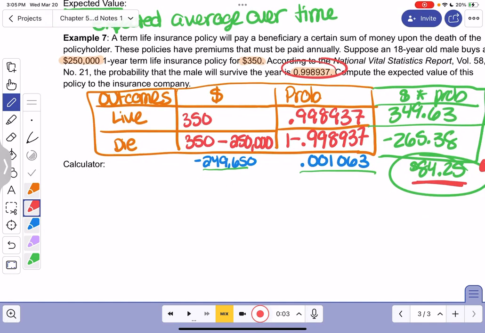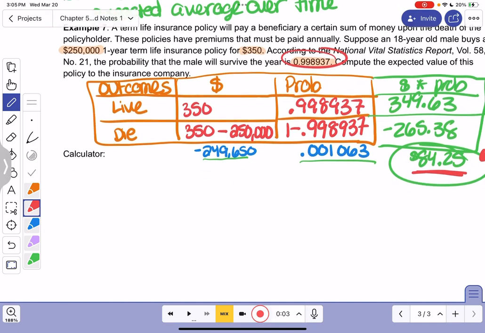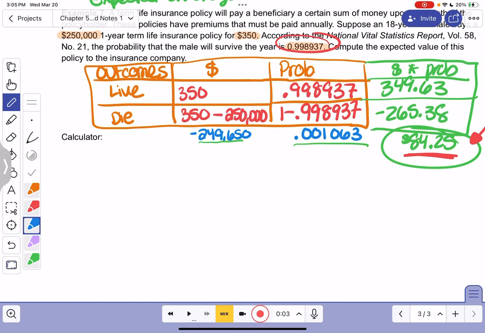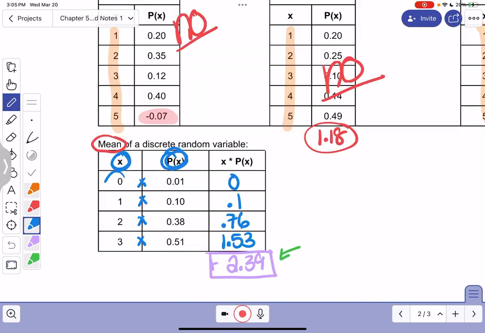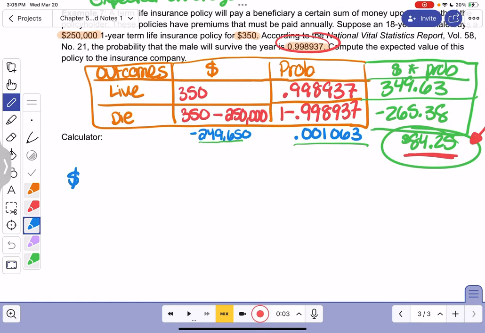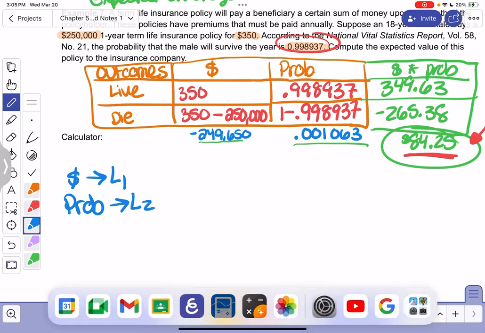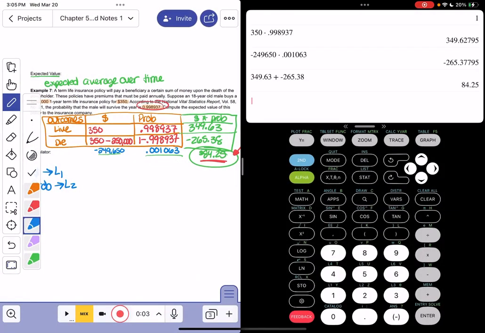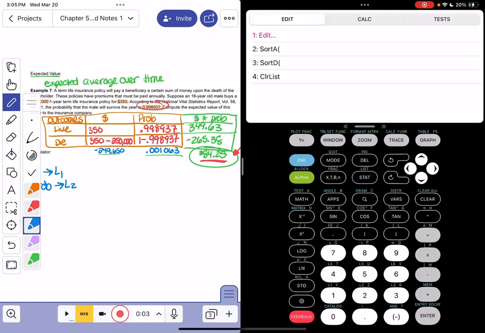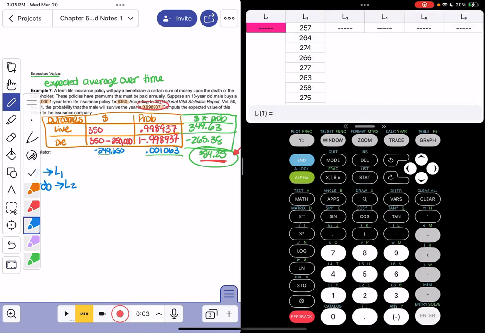The calculator will do this math for you, which is really nice if you get some bigger ones. So what you're going to do is put the outcomes, the X numbers, into L1 in your calculator, and the probabilities into L2. To get that, you hit Stat, Enter, and then we're going to type these into L1 and L2.